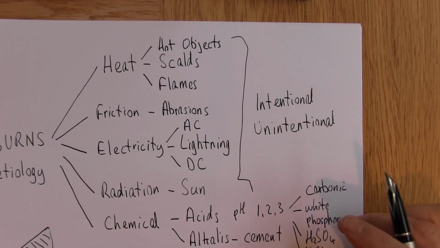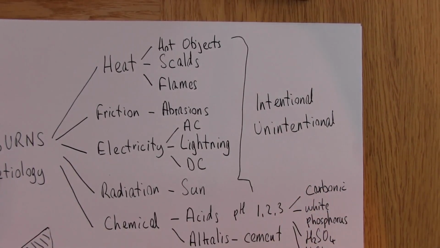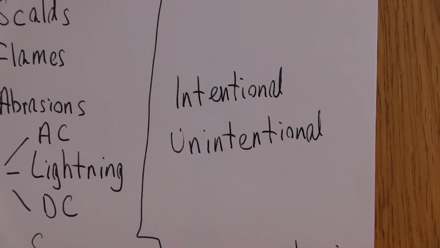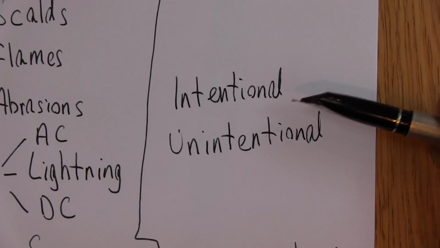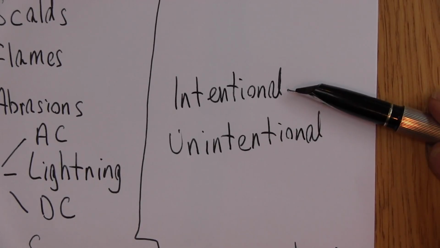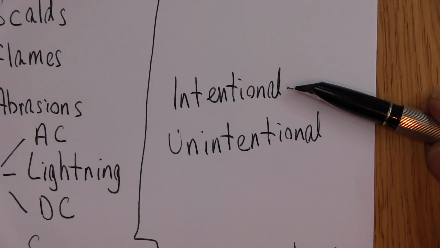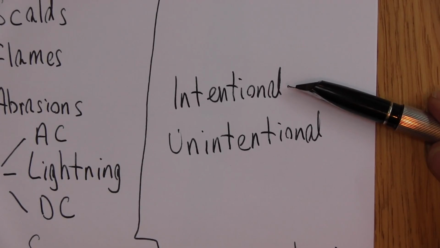Hopefully most of the ones you come across will be unintentional, they'll be pure accidents. But unfortunately we do see quite a lot of intentional burns. We've already mentioned acid attacks. Tends to be children and vulnerable people, like a vulnerable elderly, that are victims of intentional burns injury.